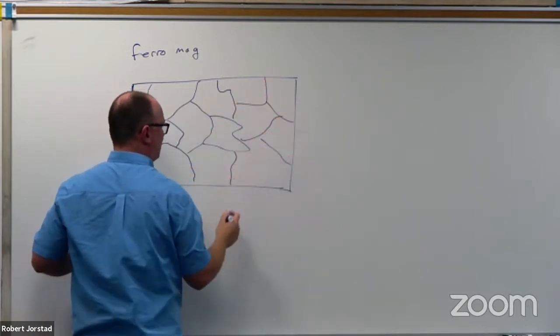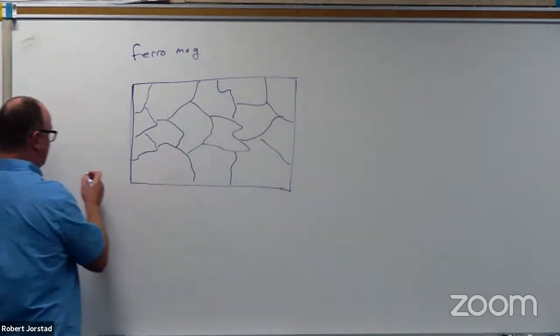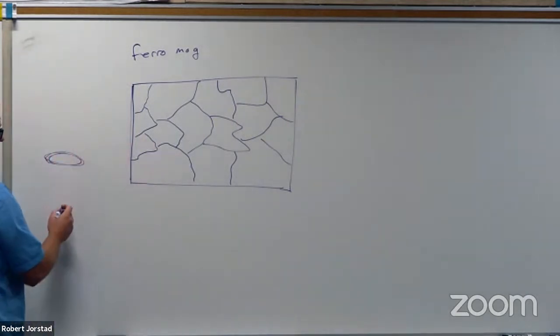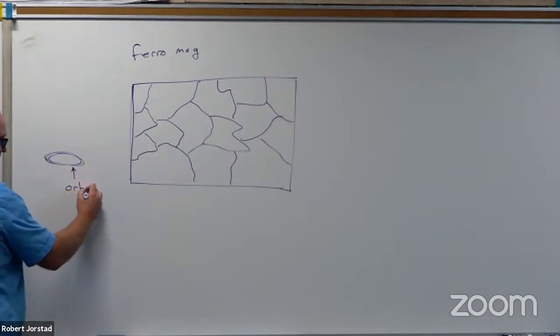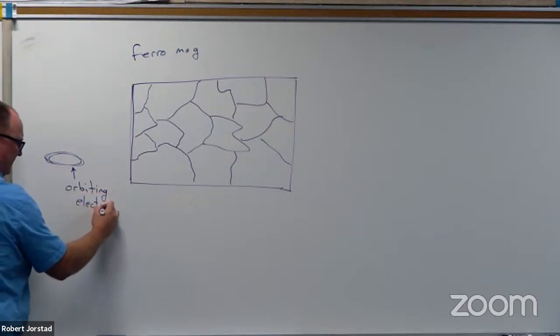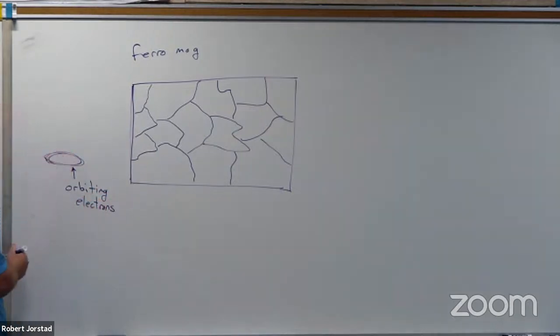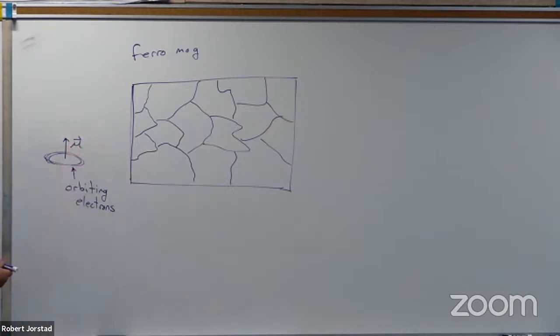Now, obviously we don't see lines like this all over the material, right? But the idea is inside of this material, there's a bunch of electrons orbiting around. And you could think of these orbiting electrons as being like current loops. And these current loops all have magnetic moments, right? Well, you could think of that as being like the magnetism of these materials.